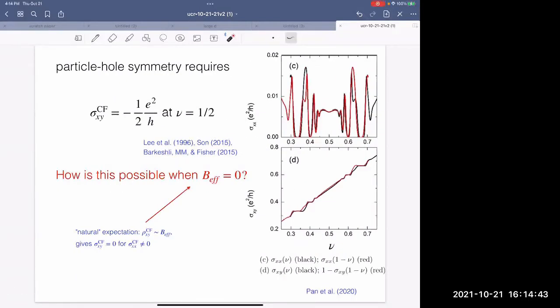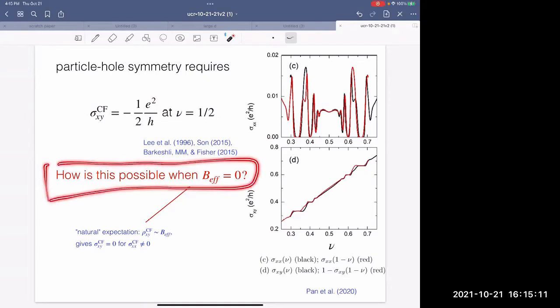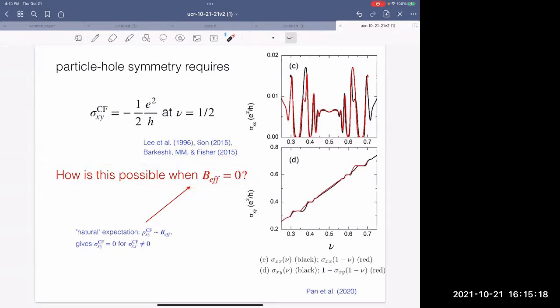Now, an important consequence that I'll focus on here is that precisely at half filling, the composite fermions are constrained to exhibit a particular Hall conductivity, minus 1/2 e squared over h. That seems okay until you realize, how is this possible when these composite particles see zero effective field? Said differently, a Hall conductivity is the result of time reversal symmetry breaking, and if these particles don't see any magnetic field, how are they going to get this order one Hall conductivity?